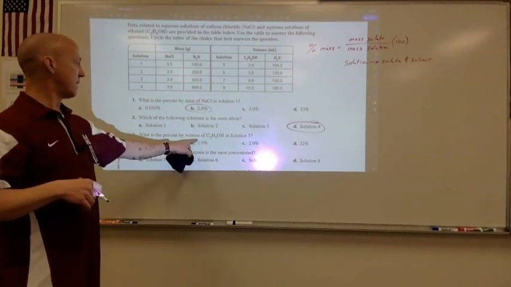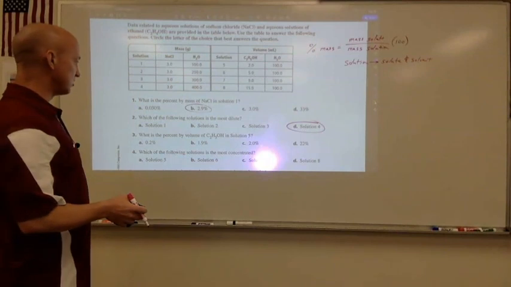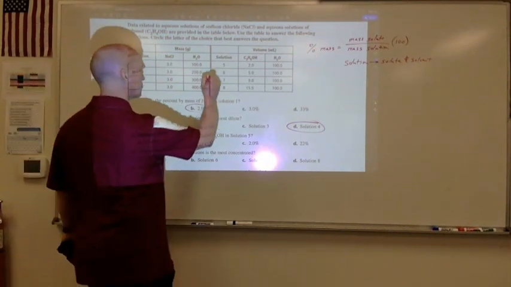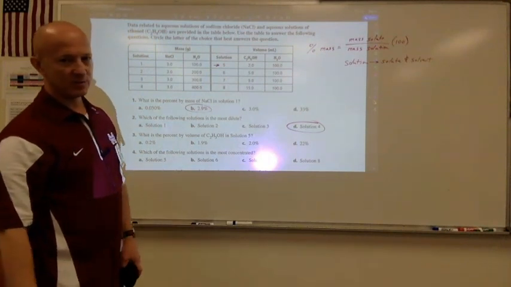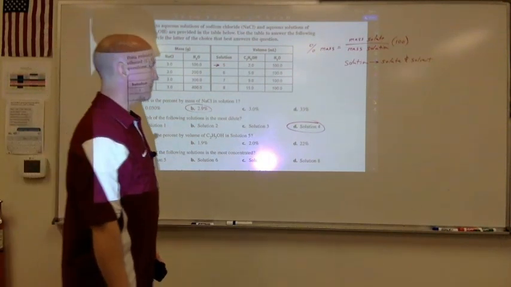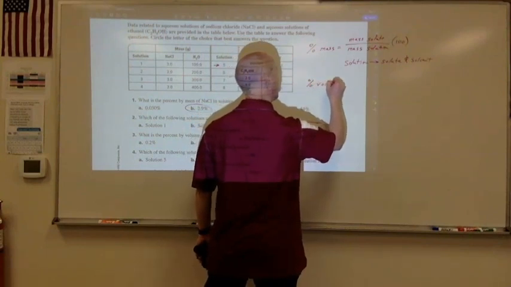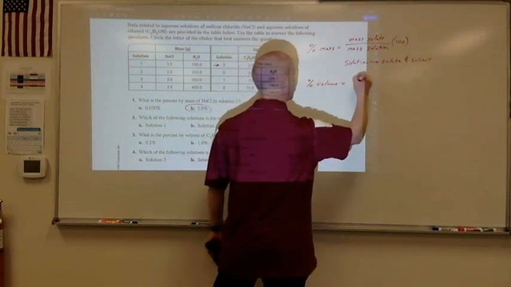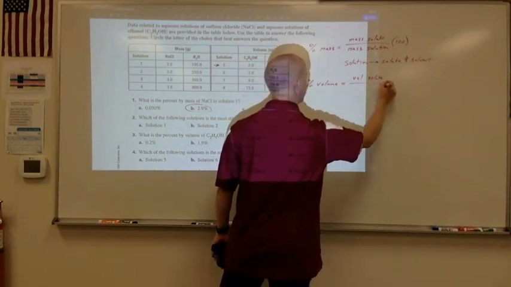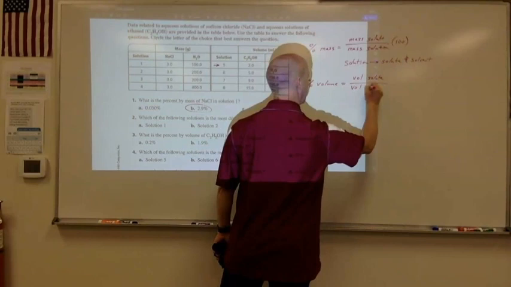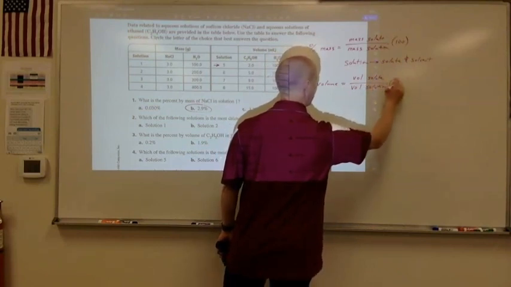What is the percent by volume, now we're using the other side, of ethanol in solution 5? Solution 5, this one right here. And again, percent by volume is the same way as percent by mass. Percent by volume is the volume of solute, in this case the ethanol, over the volume of solution times 100.